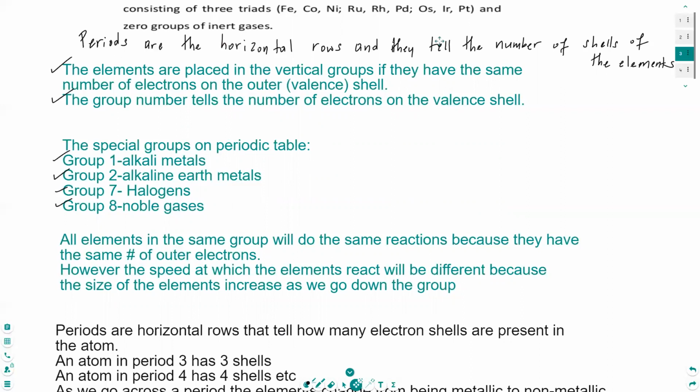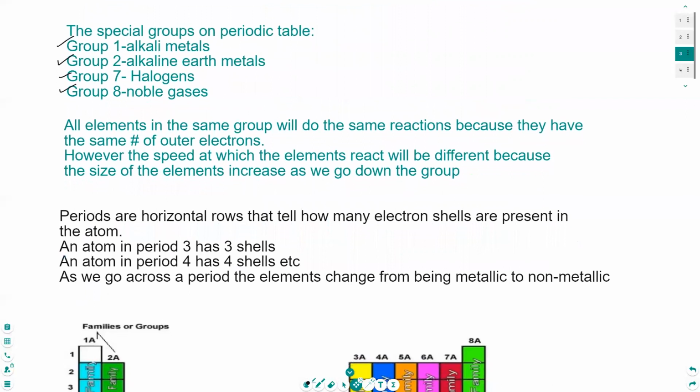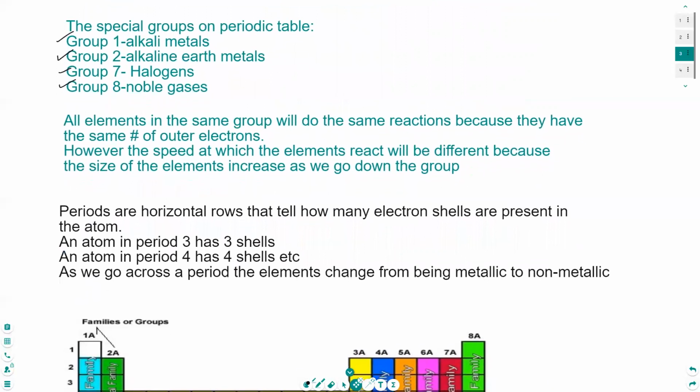So that's stated here. However, the speed at which the elements react will be different because the size of the elements increases as we go down the group. So remember, in the same group, all the elements can do the same reaction, but they will do them at different speeds. And we will learn more about what the reactions are that can be done by group 2 elements and group 7 elements in our next session.